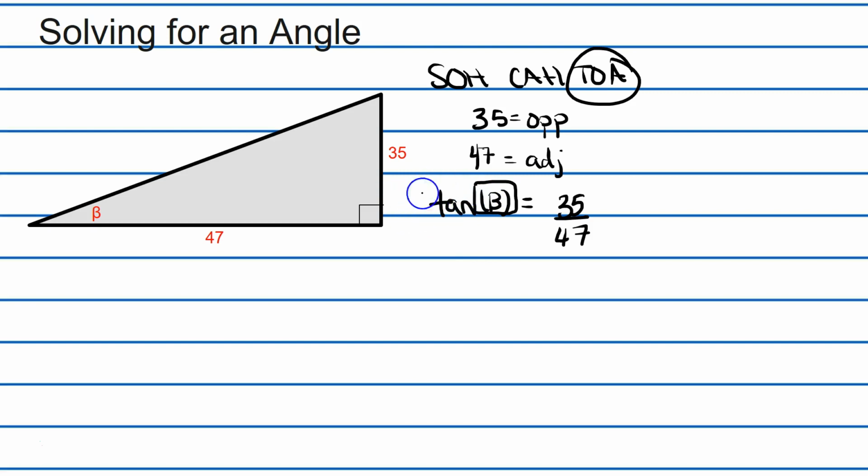So what we need to do is to find the inverse of tangent. If you do it to one side, you must do it to the other side as well. So tangent inverse. That goes away. We know that beta, therefore, must be equal to, and then we'll put this in the calculator, and we'll get that it's right around 36.7 degrees. And there we go.